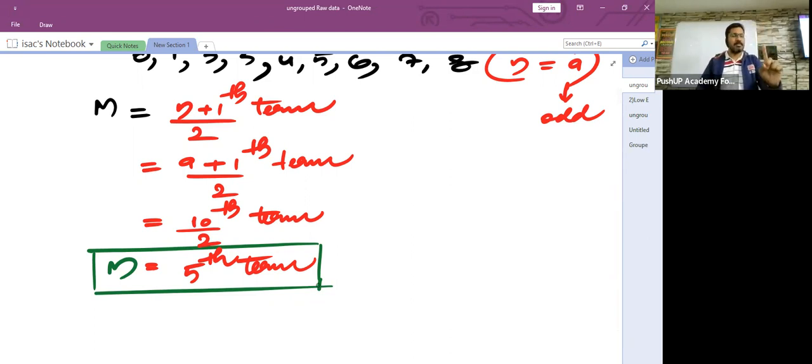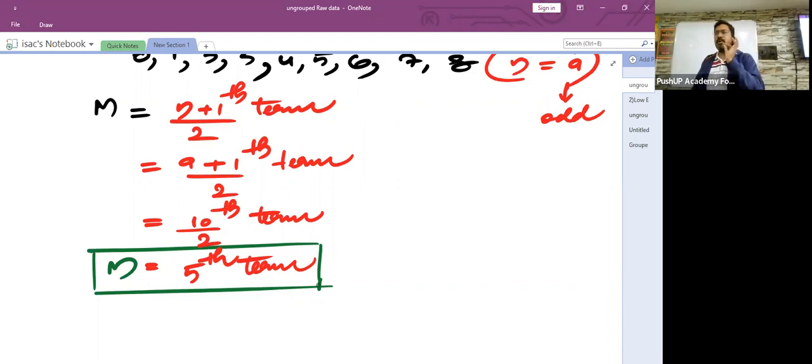Remember, children, in arithmetic mean, be it direct method, shortcut method, or step deviation method, once you substitute the values into the formula, be it sigma fx upon sigma f, be it a plus sigma ft upon sigma f, or be it a plus sigma f into t upon sigma f into i, while you're finding arithmetic mean, you just substitute the value, whatever you get, that is the final answer.